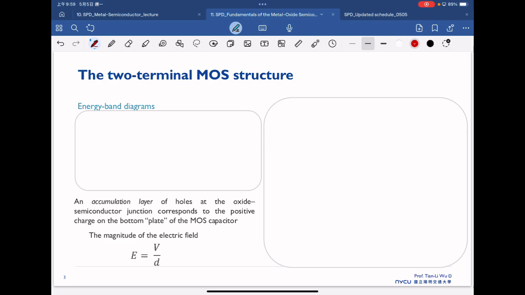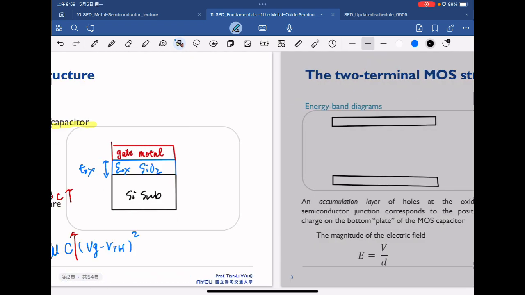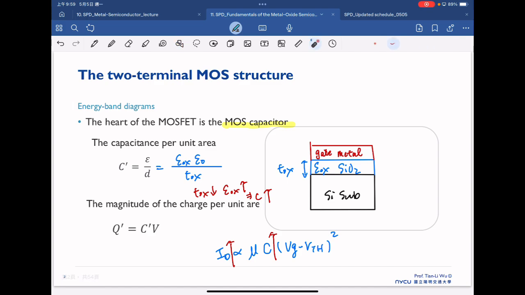So imagine we have a region that has a top metal and then a bottom metal. The reason we can consider this case is that we are going to apply a bias somehow in here, and then we normally put this as a ground.